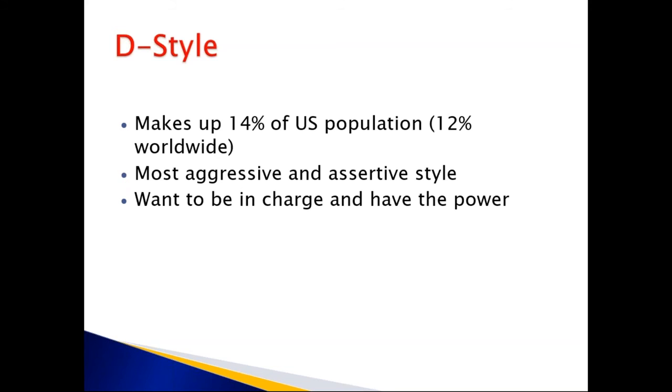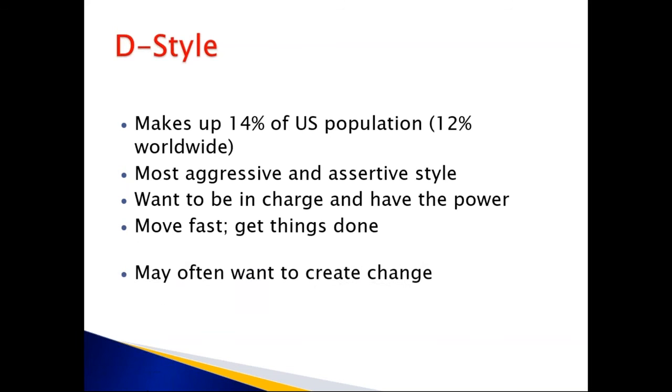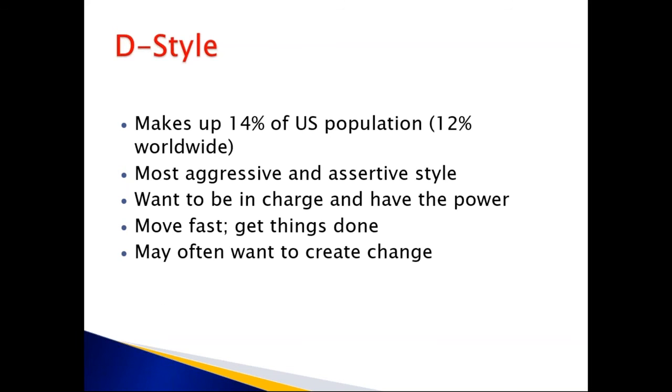They're the ones moving at a faster pace than most of the others, and they really are decisive of what they're doing. They're most aggressive and assertive. They want to be in charge and have the power. They move fast. They get things done. And they may often want to just create change. They feel that status quo is falling behind. And as I said, these people are very demanding.